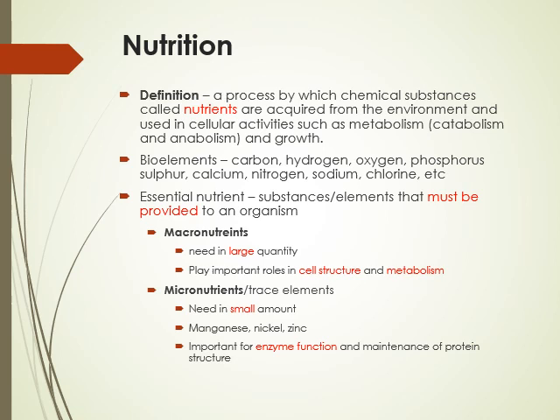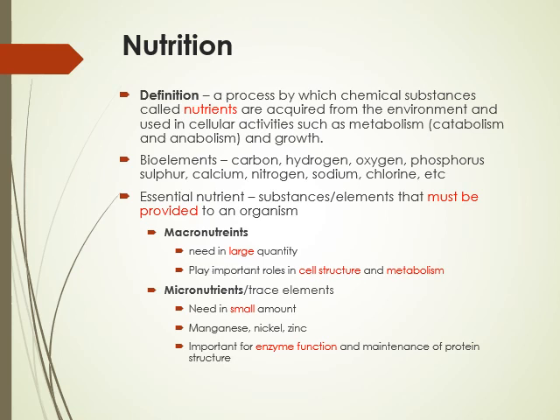Essential nutrients are the elements that must be provided to the organism in order for them to grow. And these nutrients, depending on the quantity that they are needed, are grouped into macronutrients, where they are needed in large quantity.